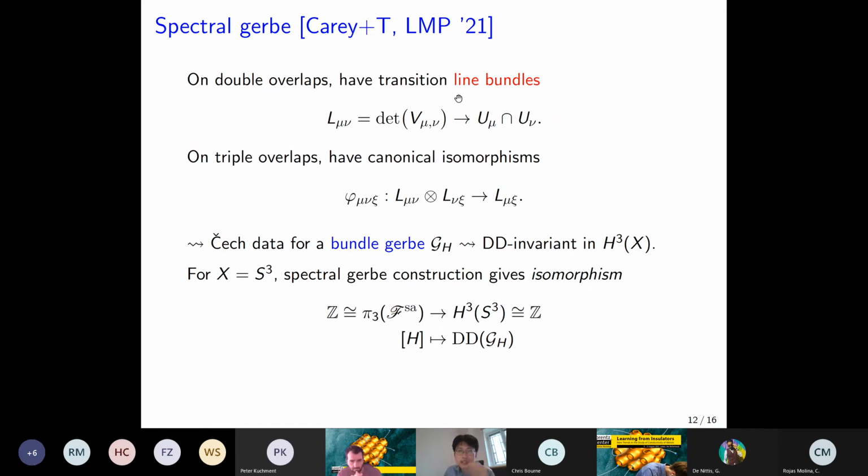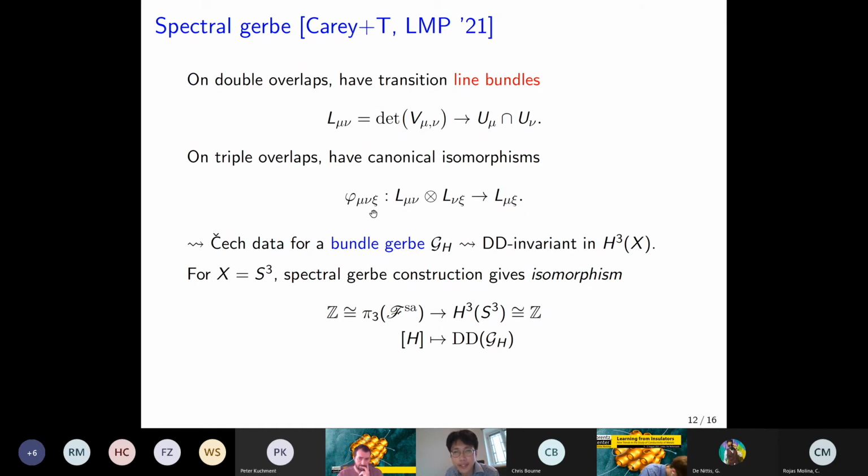And these transition line bundles satisfy a consistency condition on triple overlaps. That is to say, there's a canonical isomorphism on triple overlaps between the transition line bundle associated to a pair of vacuum levels, and that associated to a second pair of vacuum levels. And there's an isomorphism from the tensor product of these line bundles to the line bundle that's associated to the pair mu, psi.